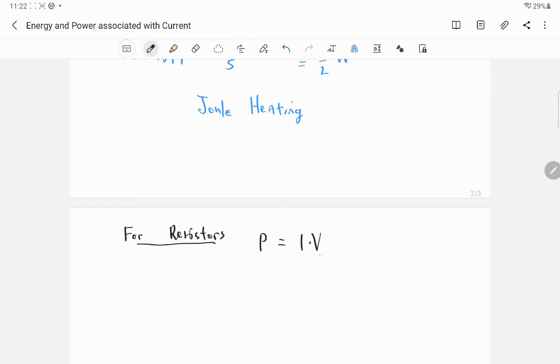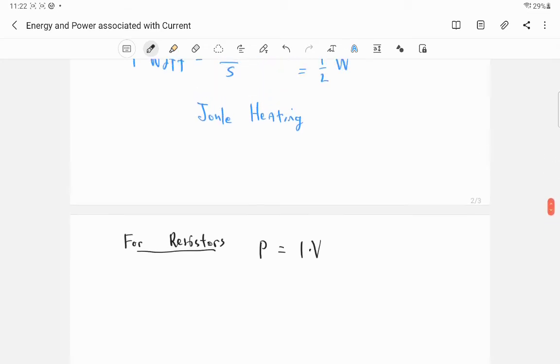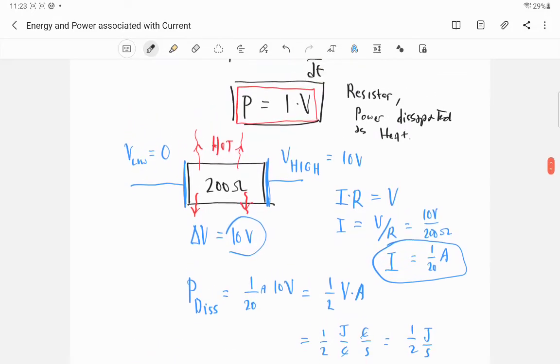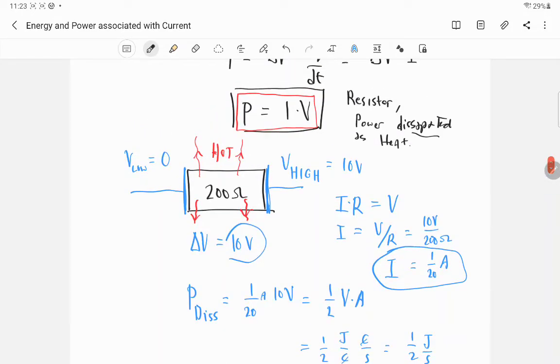If you know the voltage across it and the current through it, then I times V is the power transformed, depending on the context. Up here, this was considered power dissipated, a conversion of electric potential energy into thermal energy.